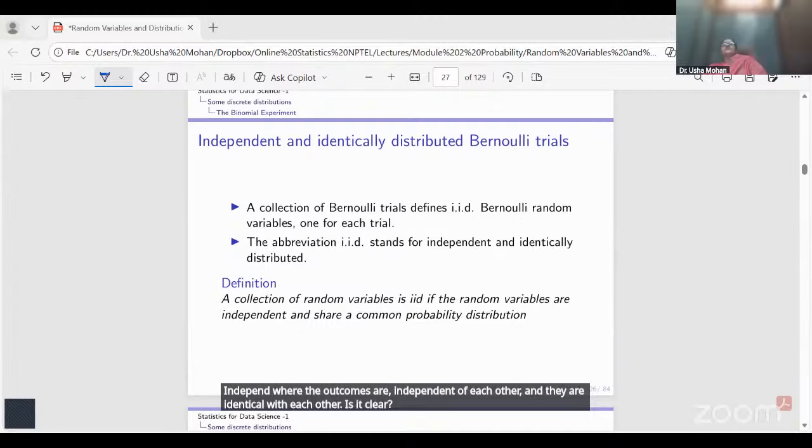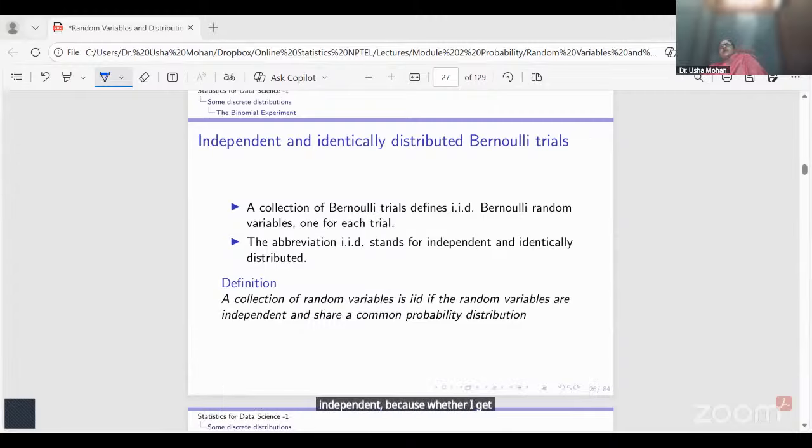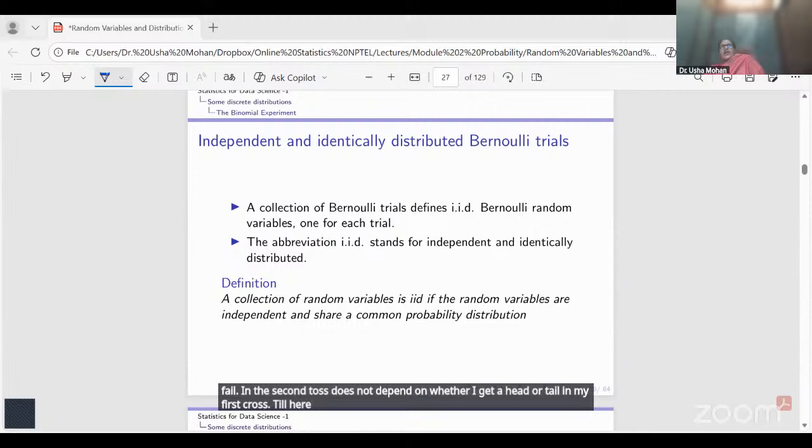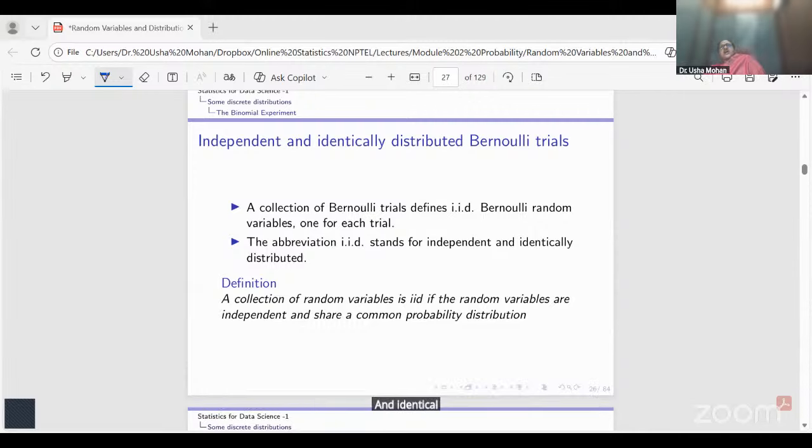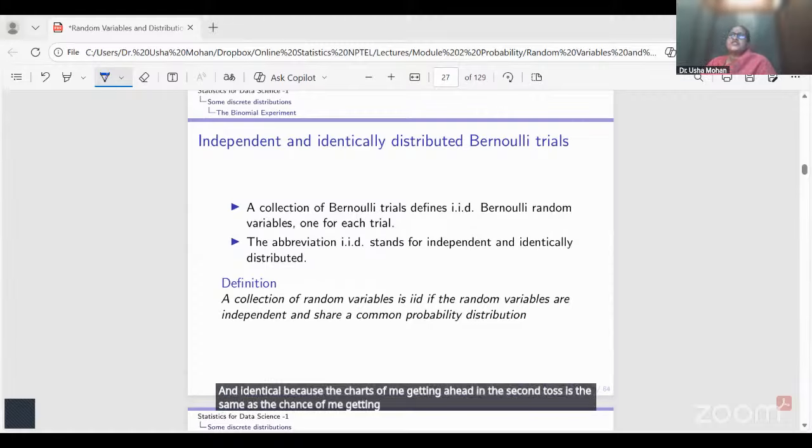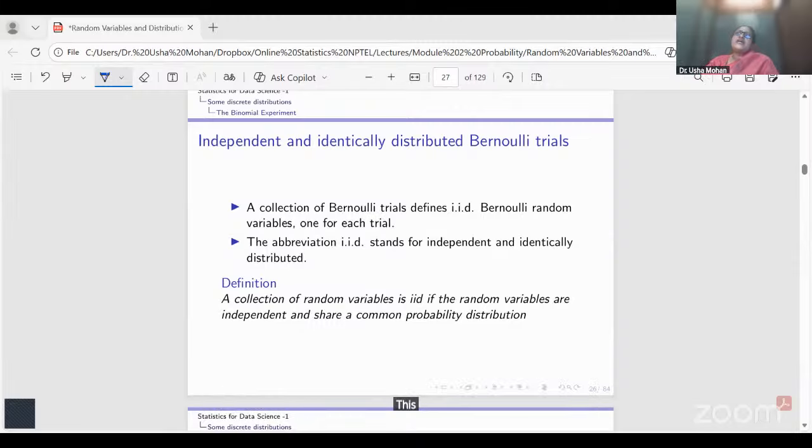Independent, because whether I get a head or tail in the second toss does not depend on whether I get a head or tail in my first toss. And identical because the chance of me getting a head in the second toss is the same as the chance of me getting a head in the first toss. This is referred to as IID trials. Till here, is it clear?